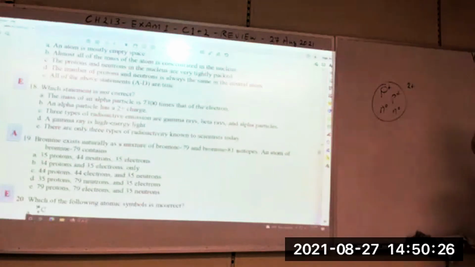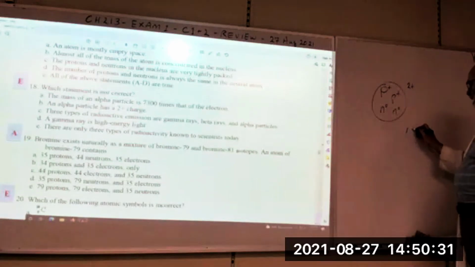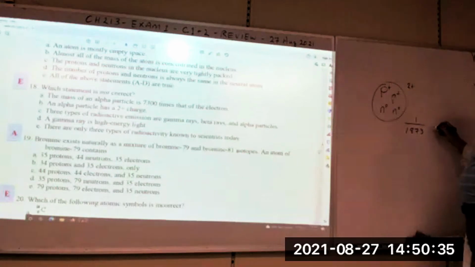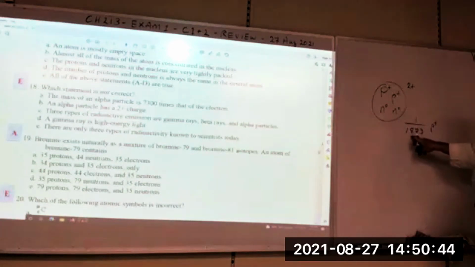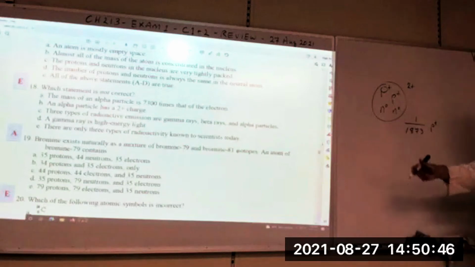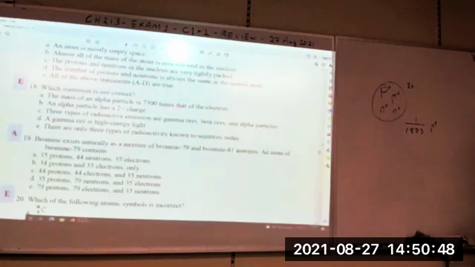So it's pretty massive. The electron is about 1/1837 of a proton. So this one's going to be 4 times that. Yeah, it's about 7,300 times that of an electron. That makes sense. So the key is knowing what this ratio is for an electron. This is equal to the mass of an electron.